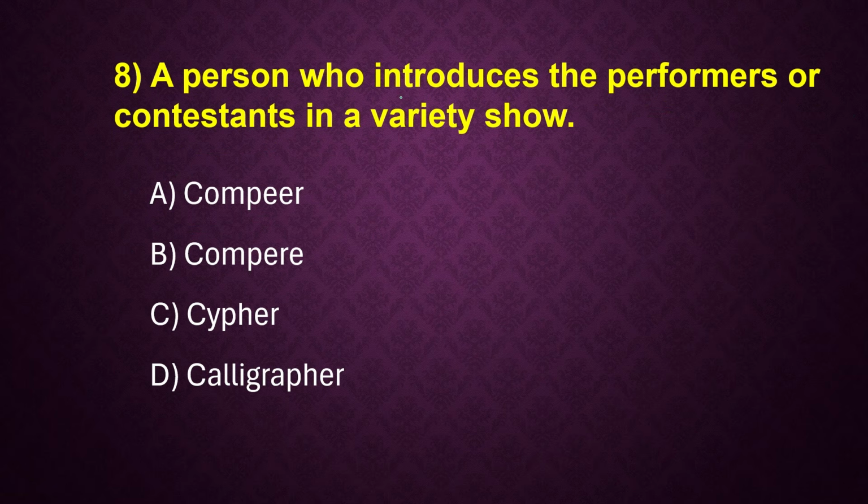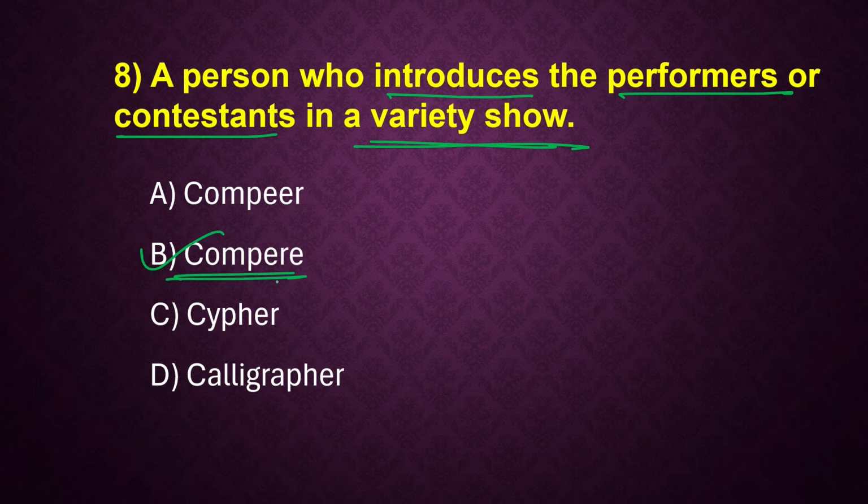A person who introduces the performers to contestants in a variety show. So what is called? This one is a kind of new one, and a very uncommon one-word substitution. The correct answer is option B, and that is called compere.